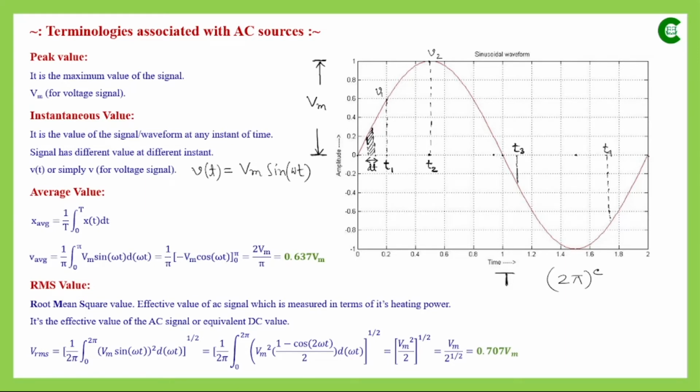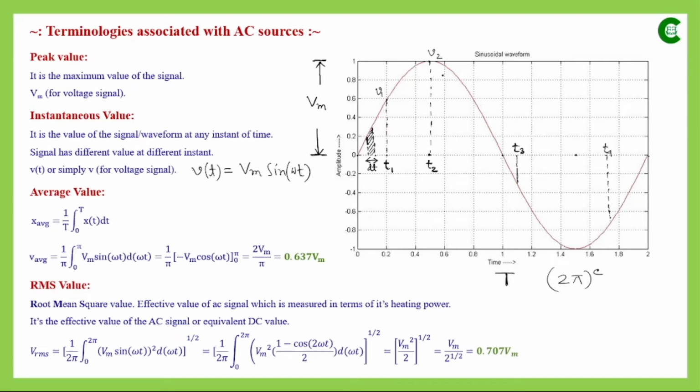The reason is that the average value we get for the positive half cycle of that sinusoidal AC signal, the same average value we will get for the negative half cycle as well, with a negative sign.